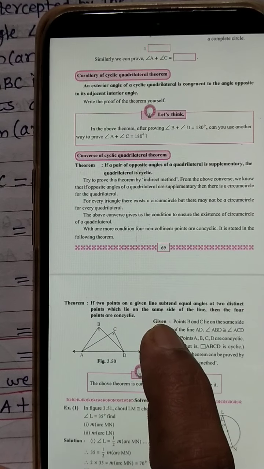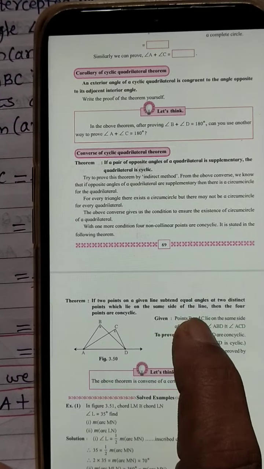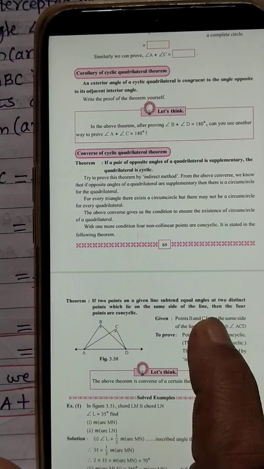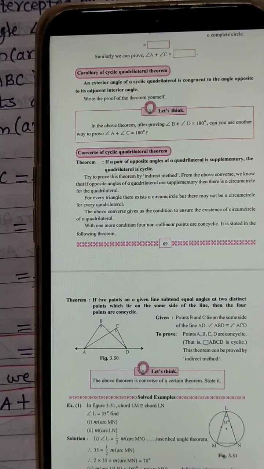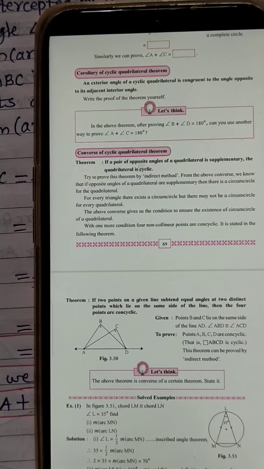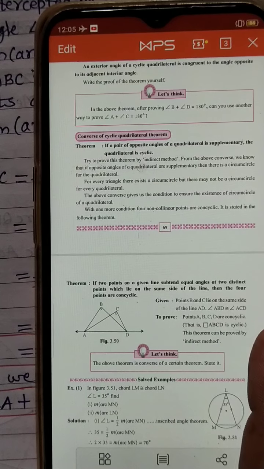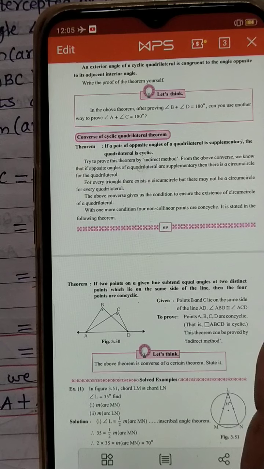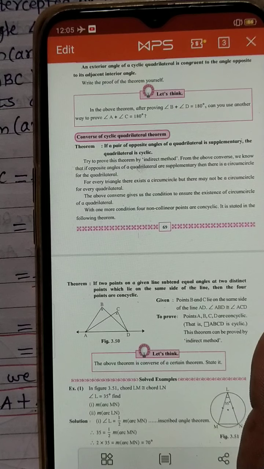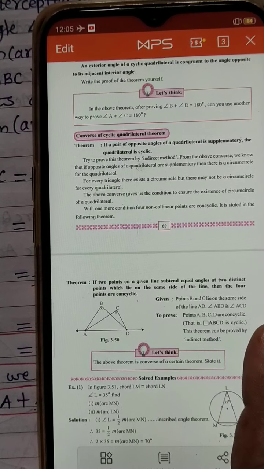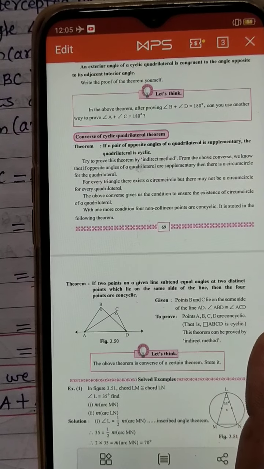If 2 points on a given line subtend equal angles at 2 distinct points which lie on the same side of the line, then the 4 points are concyclic.